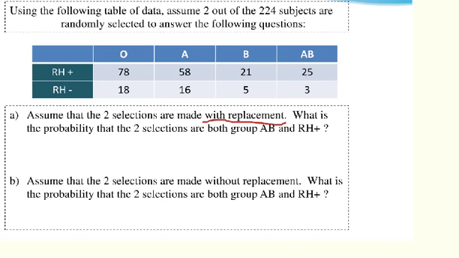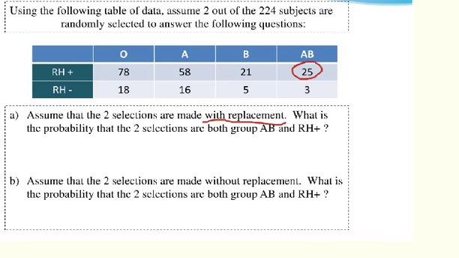That is, in the AB column and in the RH negative row. So there were 25 people who matched this criteria. We want to know the probability of randomly selecting 2 of them.